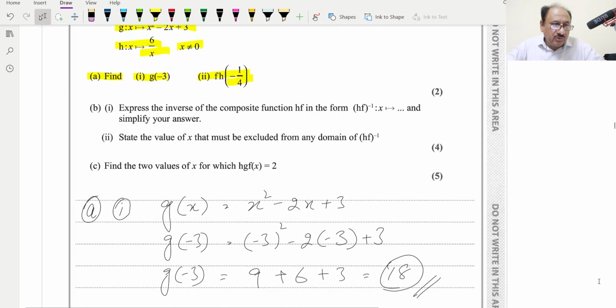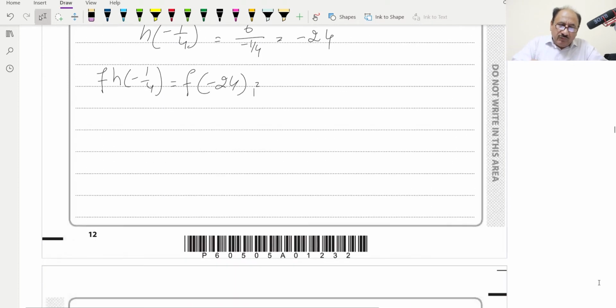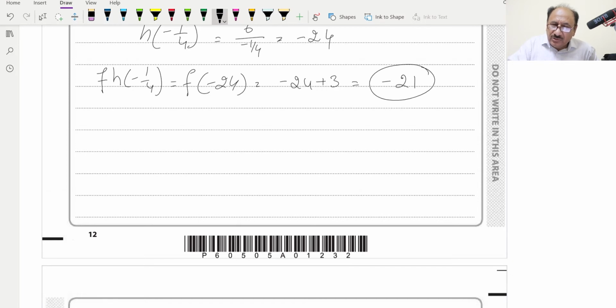F of x is equal to x plus 3. So we will write it as minus 24 plus 3, and this will be equal to minus 21. So this will be the answer for this part.